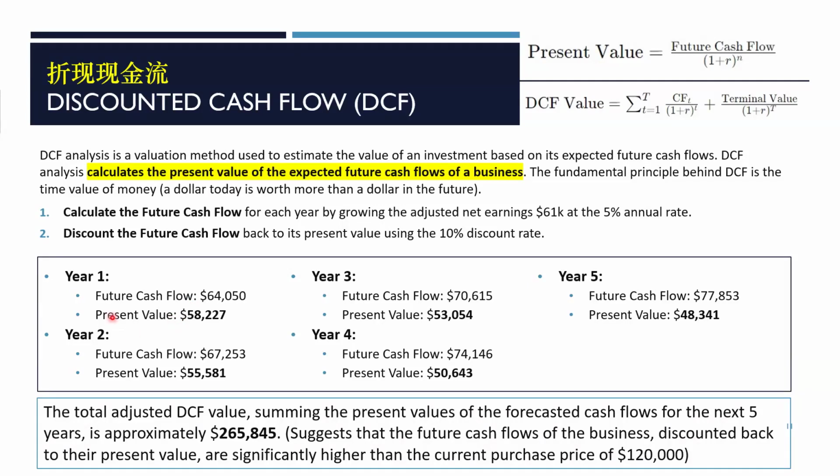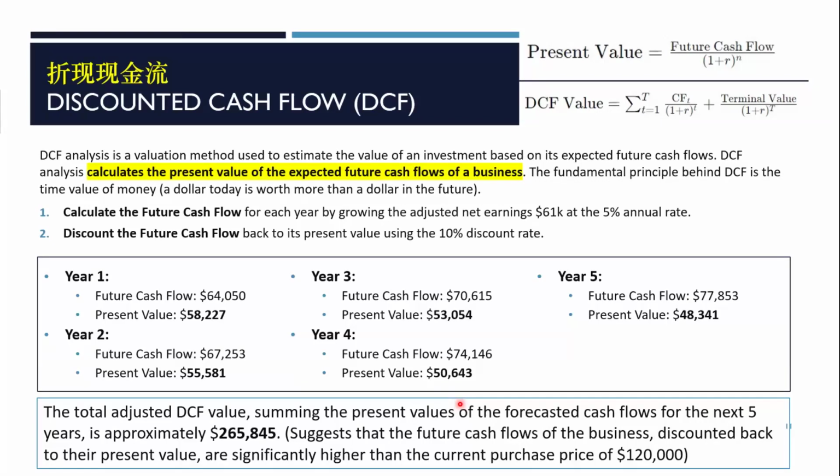Then at the end you add it all back for the next 5 years, because you have a 5-year term and you're going to operate for 5 years. Then you find out how much money you're going to get in terms of cash flow compared to the price you're going to pay, right?